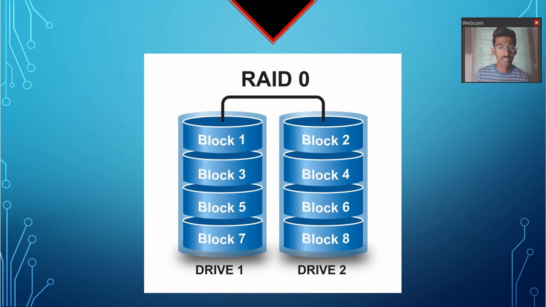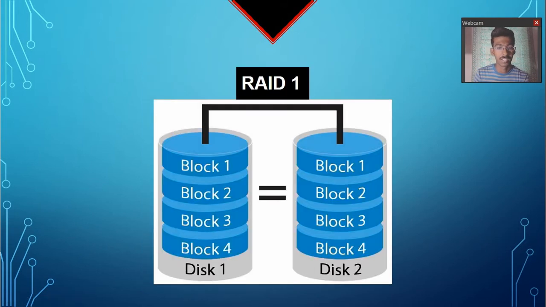In RAID 0, you have two different drives, drive 1 and drive 2. This drive 1 will store the data, and drive 2 will store the backup for that particular data.